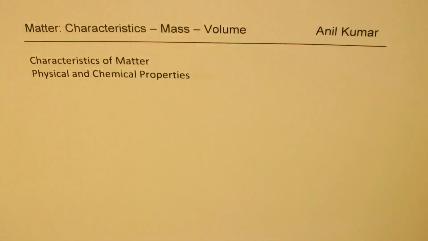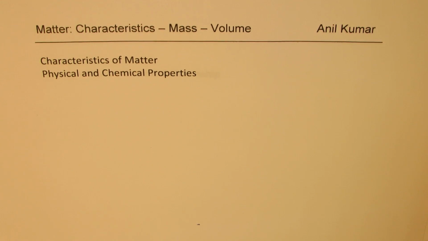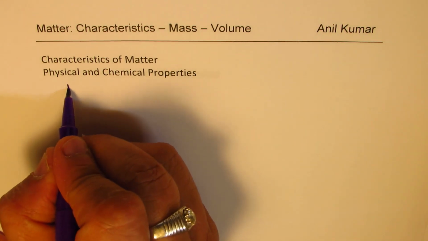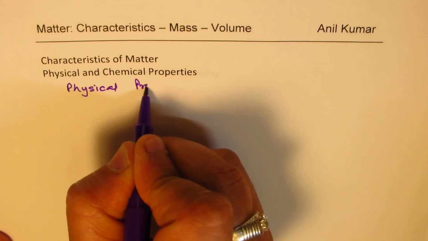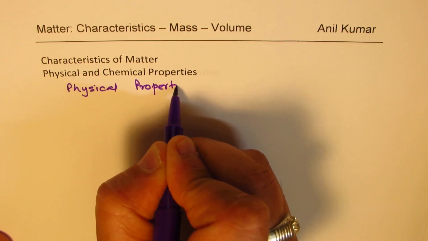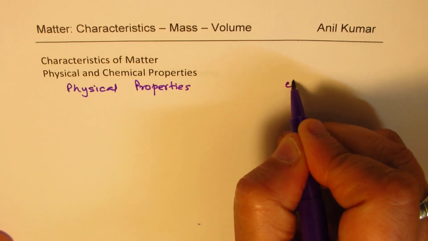Now let's move forward. Now let us take up some physical and chemical properties of matter. So what are physical properties? Let me write down. Physical properties and chemical properties.